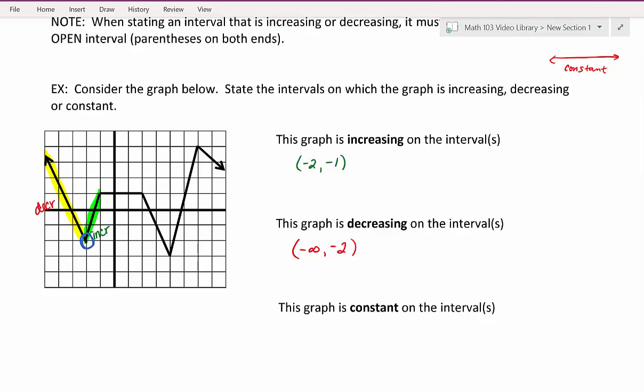And that switch happens at x equals negative 2. Since that's our change of direction point, we just call it neutral. I don't want to claim it as either increasing or decreasing because that's the spot where it changes from one to the other. That's why we don't include the endpoints when stating these intervals.